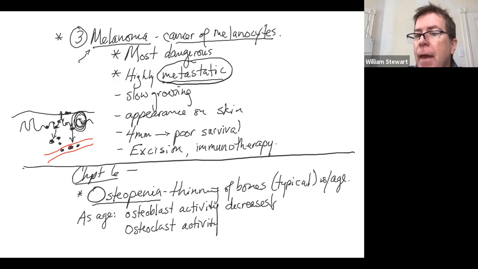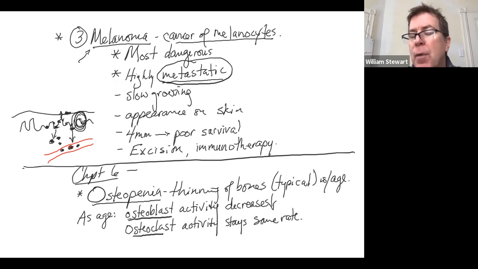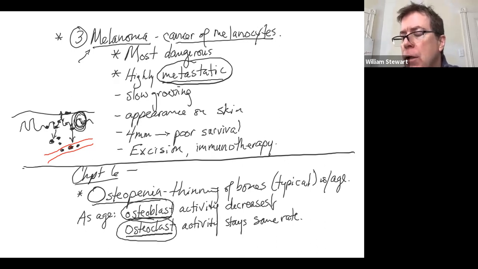And if you think about that, these cells create new bone. These cells dissolve, break down bone tissue. If the creating of new bone tissue slows down, but the dissolving of bone tissue keeps chugging right along at the same rate, our bones obviously will get thinner as we age.